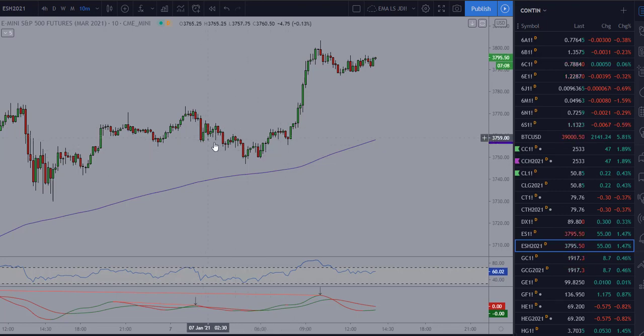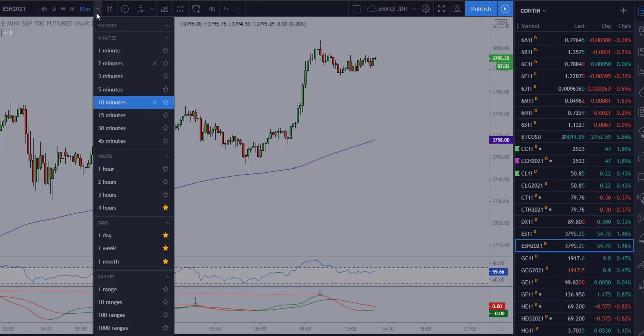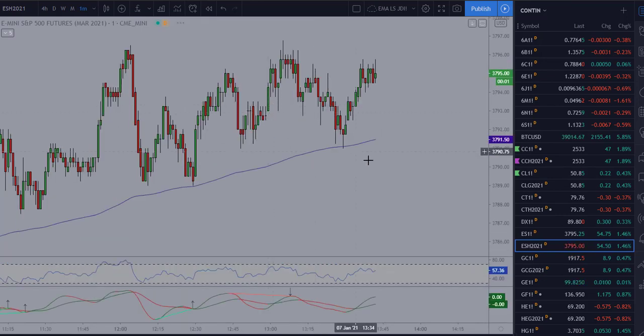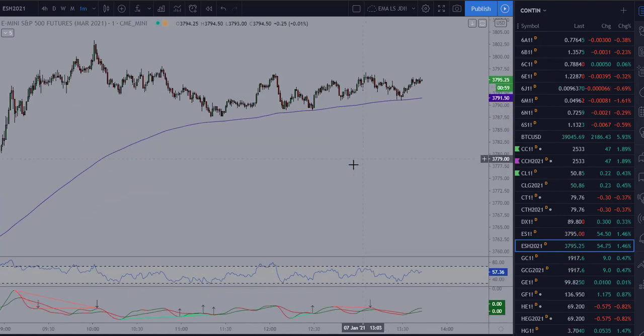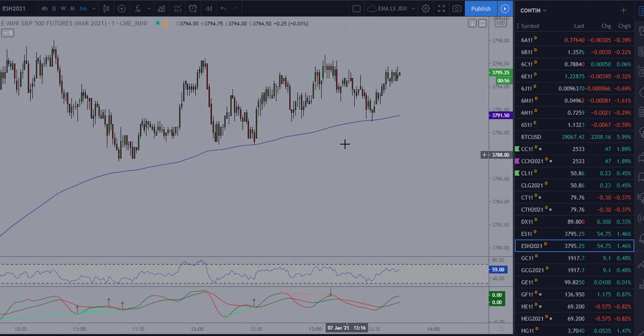If you want more action, all you need to do is just drill down to a lower time frame. You can go down to 5-minute, 2-minute, 1-minute, whatever tickles your fancy, and you can see that we now have several trade ideas here. Last one being here at around 1:10 p.m. You can see the corresponding arrow down in this area.